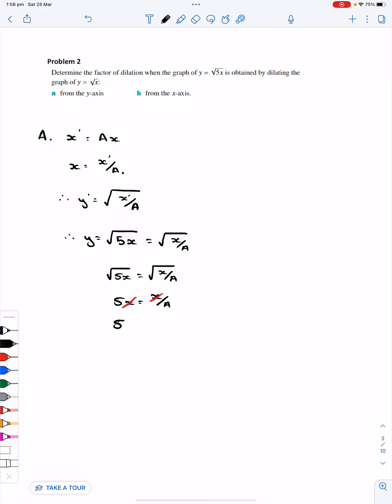There I have 5 equals 1 on A, and A will equal 1/5. So what this essentially means is there's a dilation by a factor of 1/5, okay, from the y-axis.